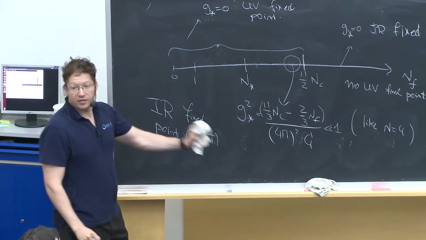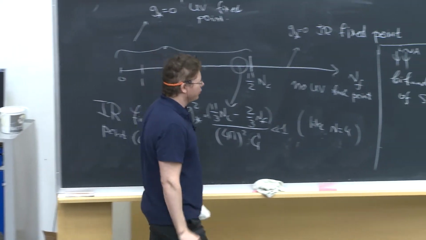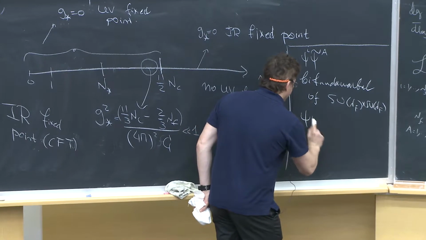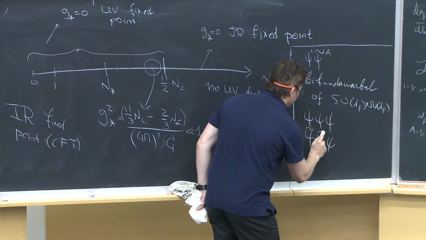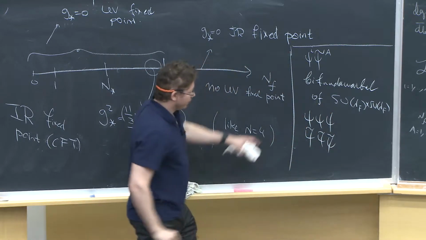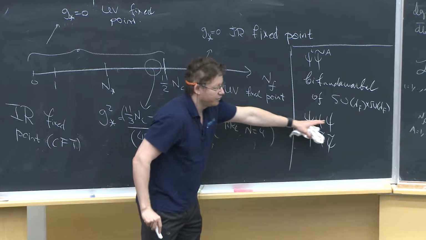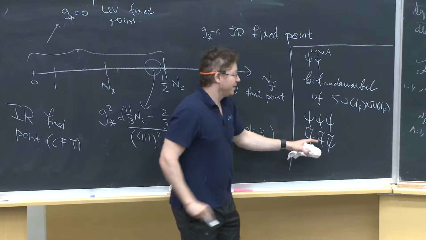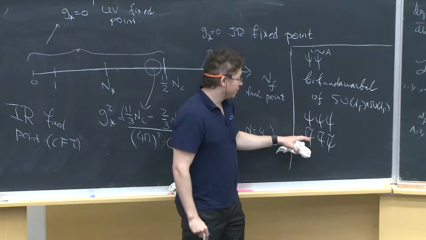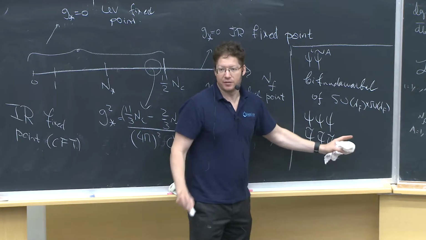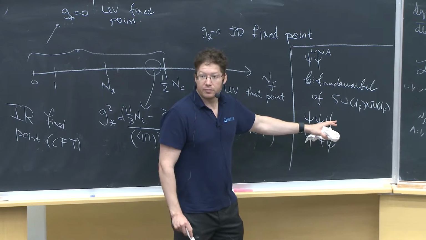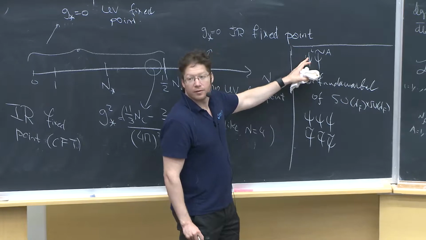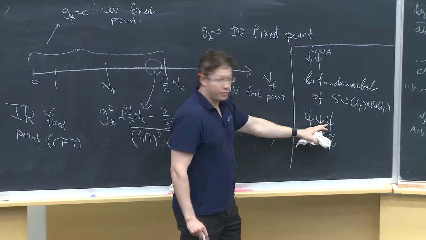And then for NC equals 3, the baryon is probably also relevant. We have psi psi psi, and psi twiddle psi twiddle psi twiddle. That's just for NC equals 3. For a higher NC, you'll have to take NC psis in general, and NC psi twiddles, and then it's probably irrelevant. But for NC equals 3, this is a fermionic operator. This is a scalar operator, but this is a fermionic operator.